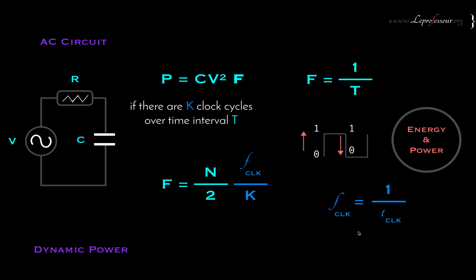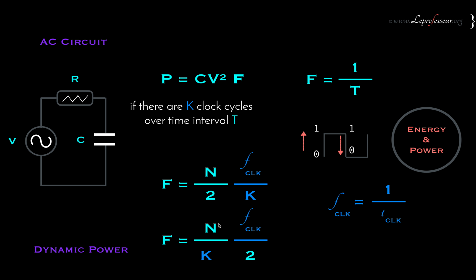Now if we substitute all these values back into the equation for f, which we discussed a few minutes back, we end up getting a new equation for f. f equals n divided by 2 times clock frequency divided by k, or we can rearrange it into a different form: n divided by k times f clock divided by 2.